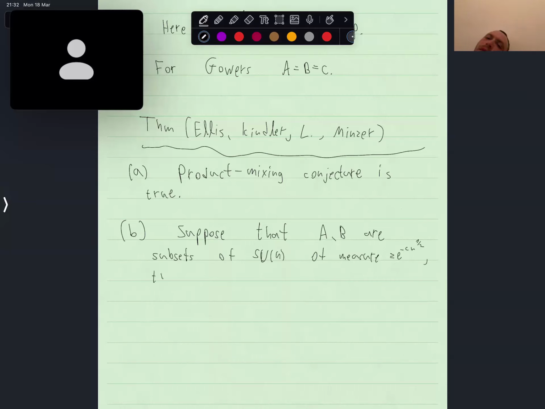Then when choosing A uniformly out of A and B uniformly out of B, the distribution of AB is close to Haar. Let's say the distance from the Haar measure is at most 0.1.